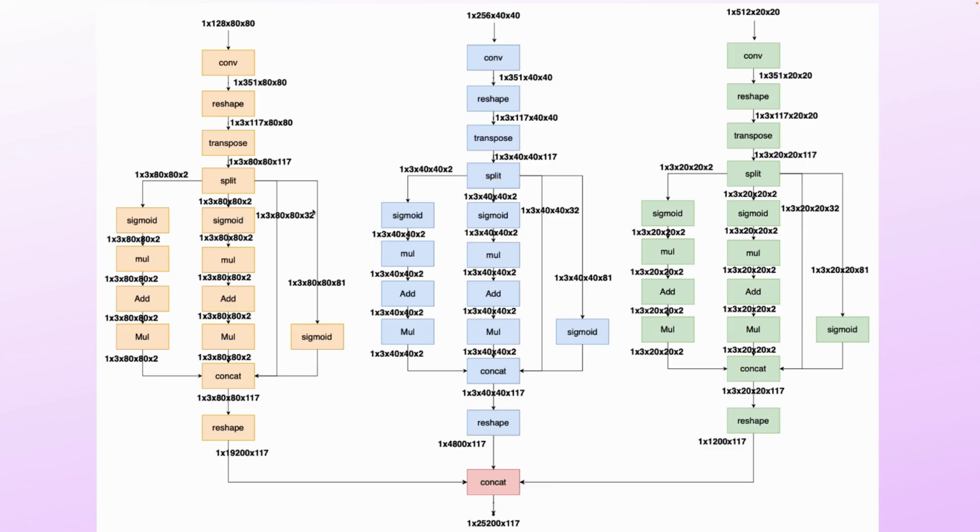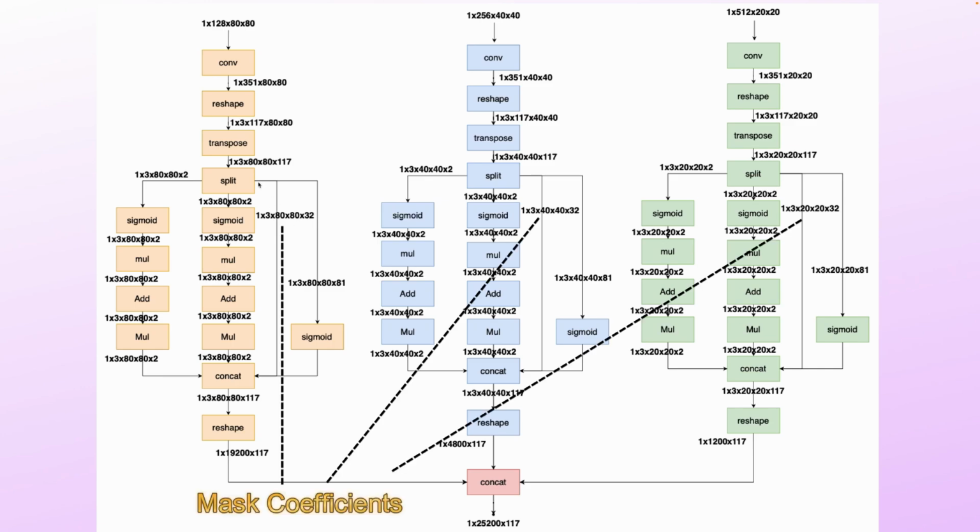Here you have one more in between, of 32 dimensions, because we have 32 prototypes. This particular branch is for mask coefficients. So this 3 by 80 by 80 by 32 is predicting the mask coefficients for the 32 prototypes. Same thing here. This branch is for mask coefficients, 32.